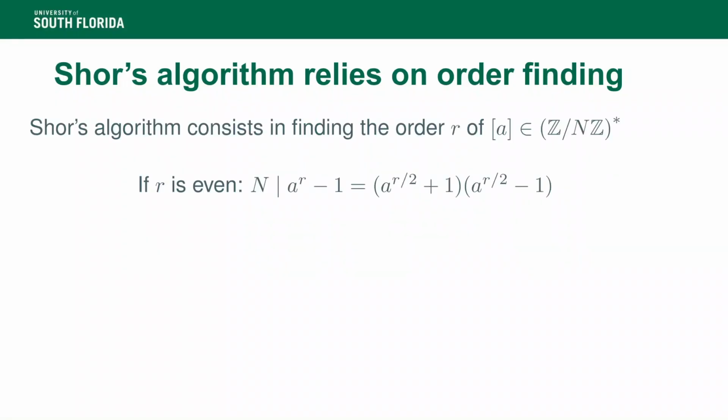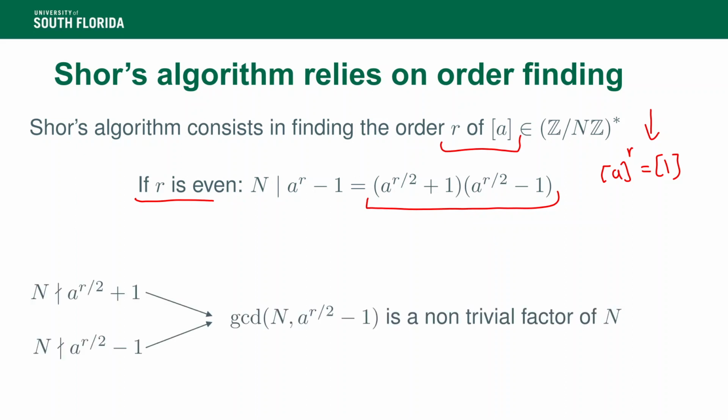So here is the hope of Shor's algorithm, finding the order of the class. What it means is it's the smallest r such that a to the r is the class of 1. Now, if r is even, whose likelihood we're going to have to figure out, then the fact that n divides a to the r minus 1, which comes directly from here, means that we're going to have this identity.